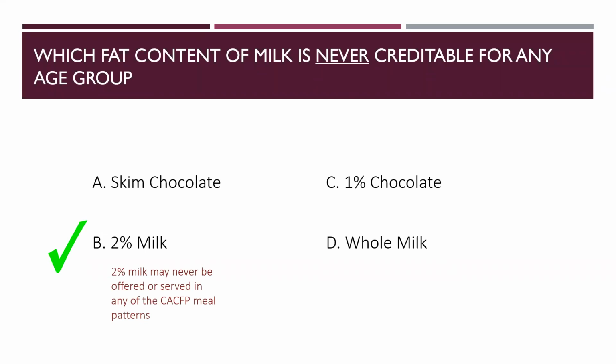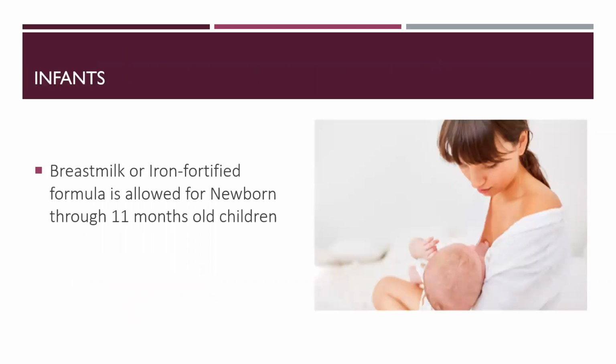If you answered B, 2% milk, you're correct. 2% milk may never be offered or served in any of the CACFP meal patterns. The CACFP meal patterns require that newborns through 11-month-old children are offered only breast milk or iron-fortified formula.